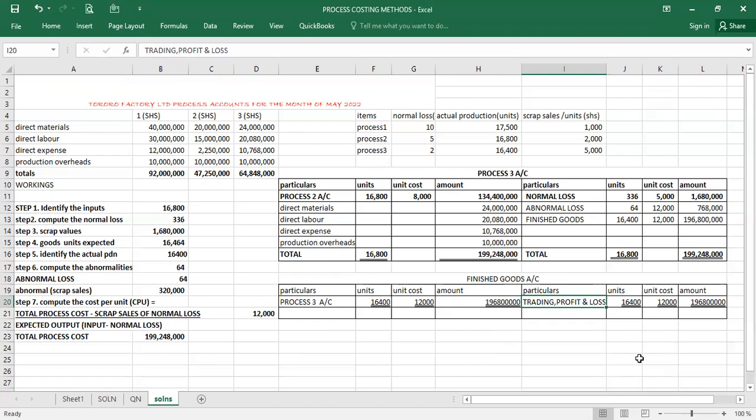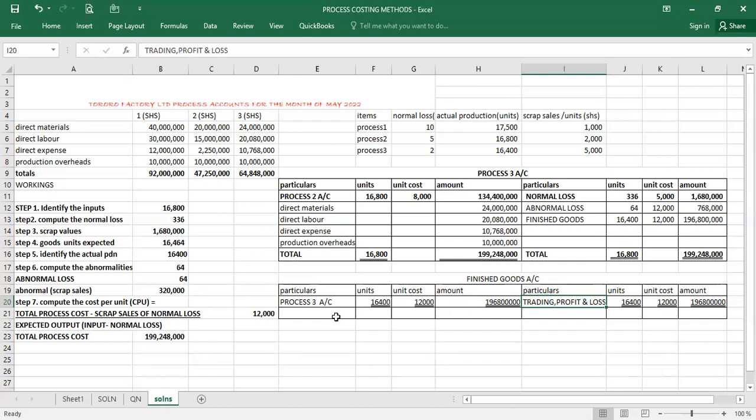Then the other thing I wanted to show you, when you create a normal loss account, since this one is on the credit side, you bring it this side and you say from process 3. So we bring all the normal losses we had for process 1, process 2, process 3.